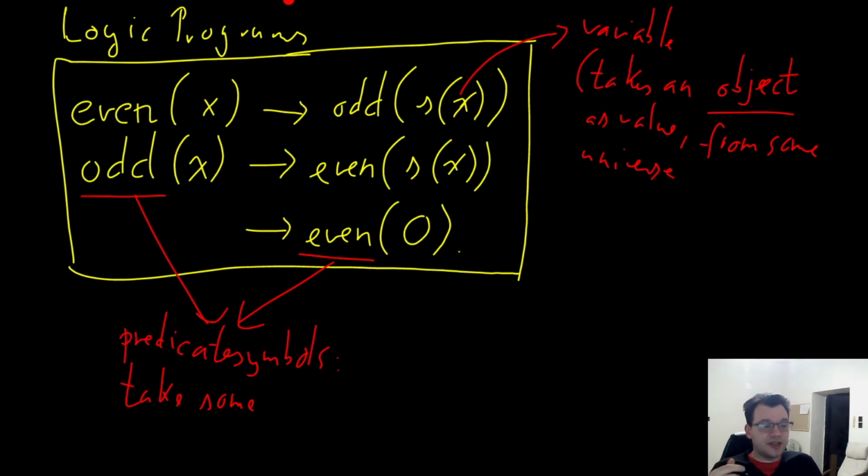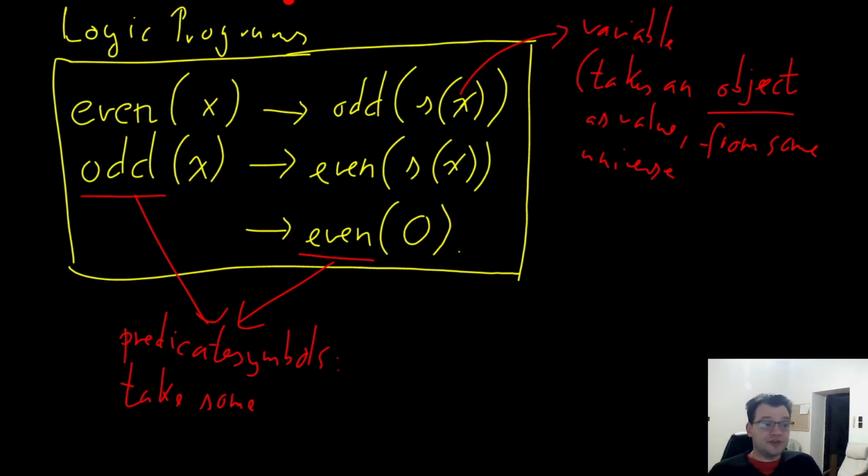So predicates can have arity, that's how it's called, the number of possible parameters the predicate can take. The arity can be 1, like in this example. It can be 2, like equals or smaller than or equal to. It can be 3, 4, whatever you wish.